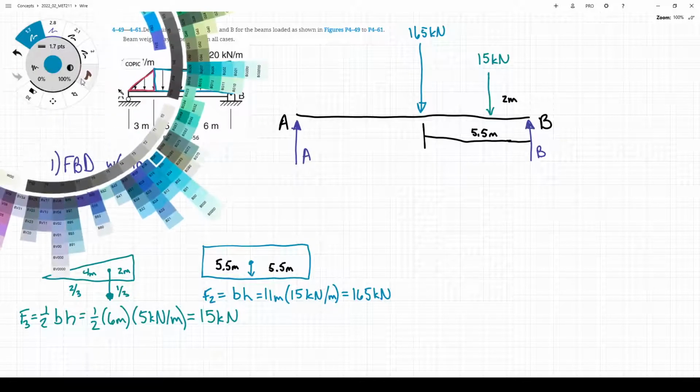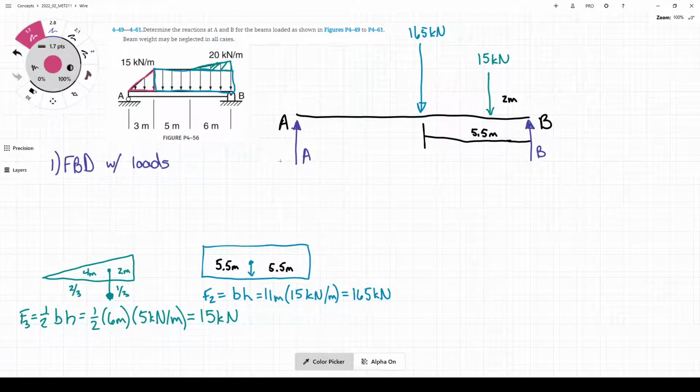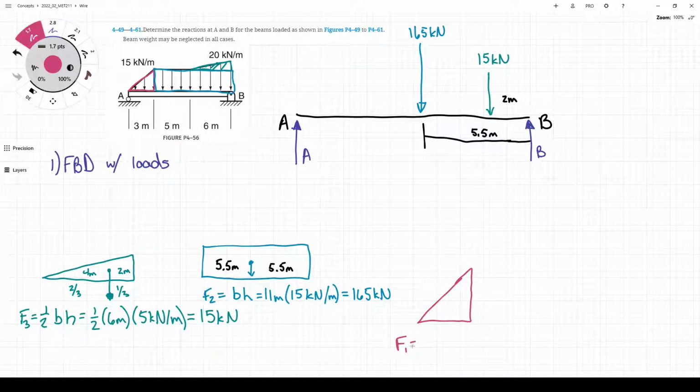Next, we'll find the equivalent for the triangle on the left. And again, our equivalent load for a triangle is 1/2 of the base times the height of the triangle. So that's going to be 1/2 of 3 meters times 15 kilonewtons per meter. 1/2 of 45 is 22.5 kilonewtons.